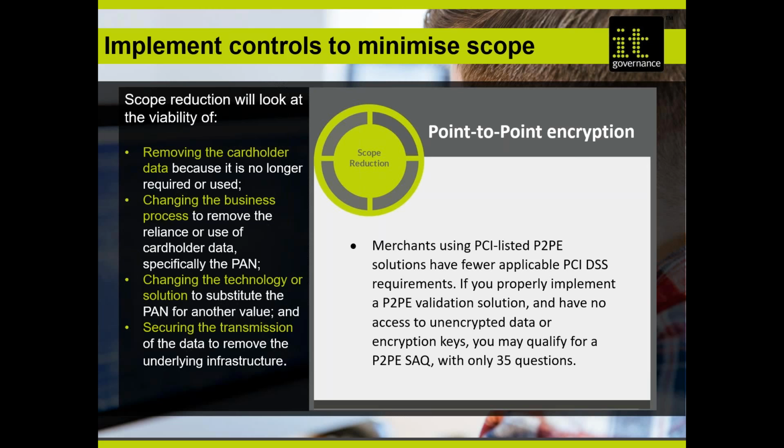Merchants using listed P2PE solutions have fewer applicable PCI DSS requirements, which helps simplify compliance efforts. And if you're properly implementing a validated P2PE solution and have no access to unencrypted data, then you can potentially qualify for around 35 of the requirements questions that you will need to fill in.